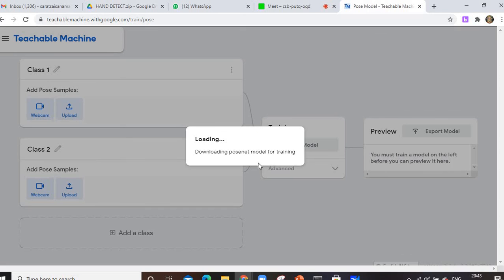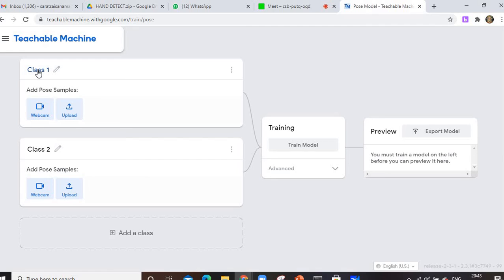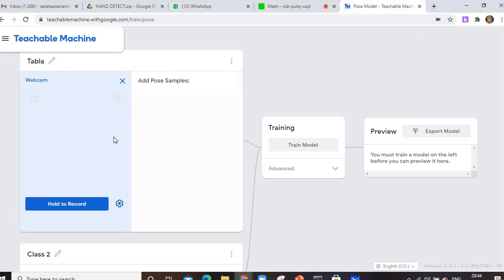If you see here, you go here and classify. For example, I want to play tabla. I am classifying one class for playing tabla. And I'm opening my webcam. Just wait. See how simple it is to create. Now it is opening my camera.